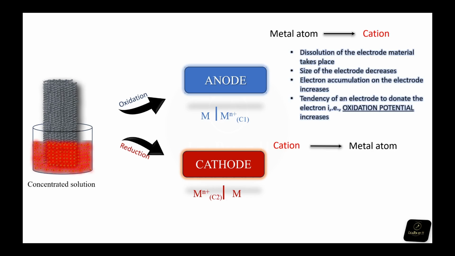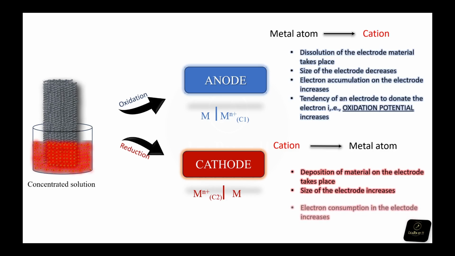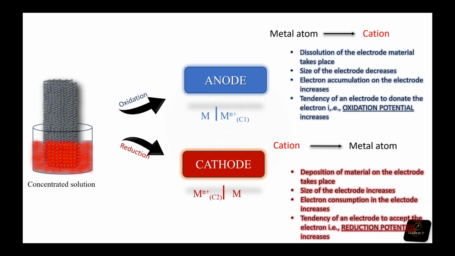The material is deposited on the electrode, the size of the electrode increases, electron consumption in the electrode increases, and the tendency of the electrode to accept electrons, that is, reduction potential, increases.